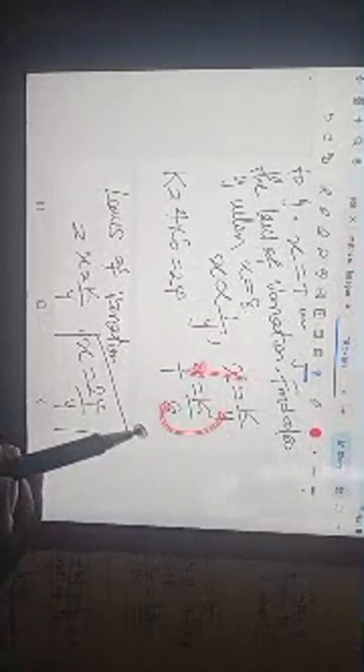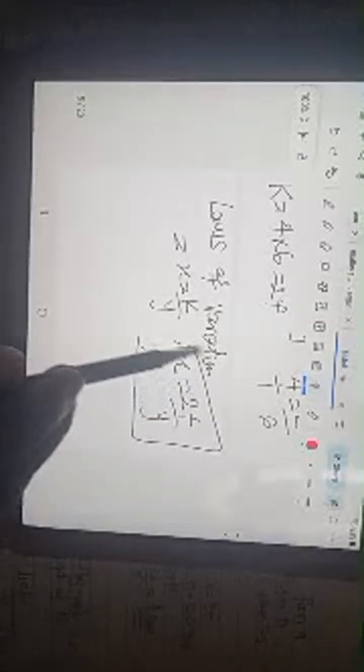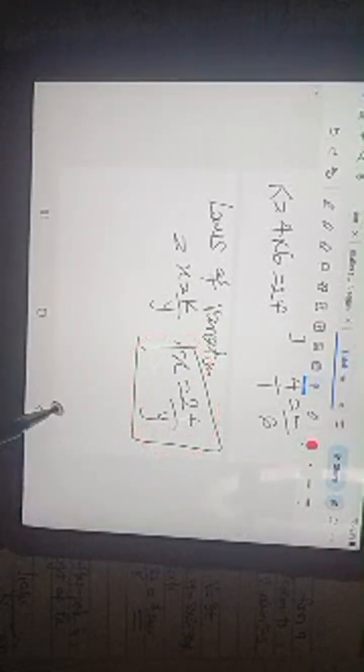We use the values x is equal to 4 and y is equal to 6. That is the value that we use to get it. So from that place, we're able to get the law of variation.